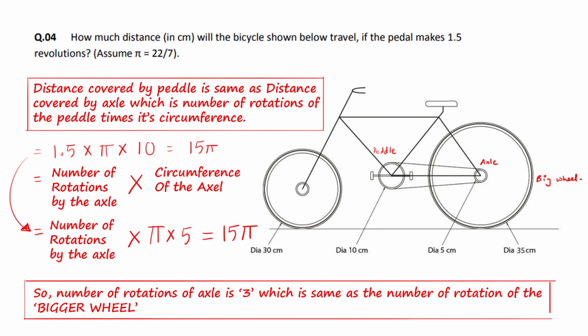So let's assume the number of rotations is something times pi d, because pi d is the distance covered in 1 revolution. We don't know how many revolutions it has made, but it will be equal to the distance. The distance is 15 pi, which is equal to the number of rotations times pi d, which is 5 pi. So the number of rotations of the axle is 3 if you cancel out everything.